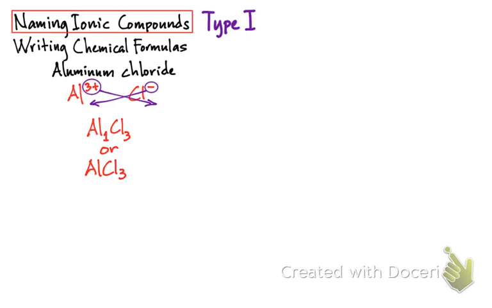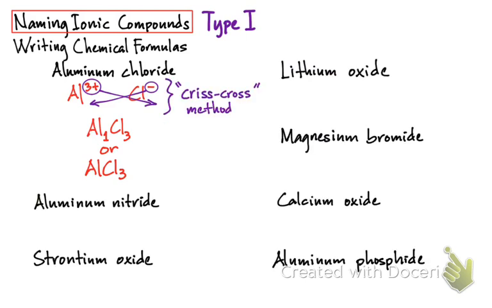Alright, so let's try some other examples here. Let's look at lithium oxide first. How do we come up with the chemical formula for lithium oxide? So again, you would analyze the name and see if you could separate them into ions, a cation and anion.